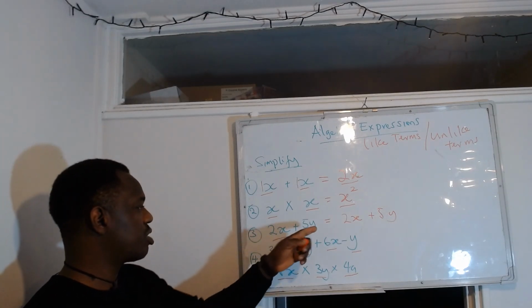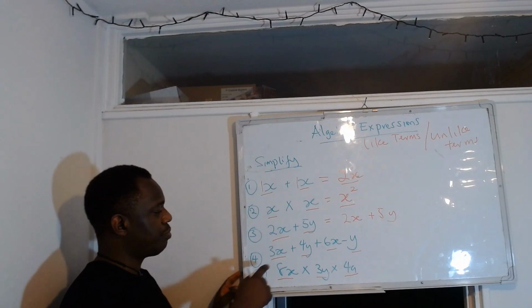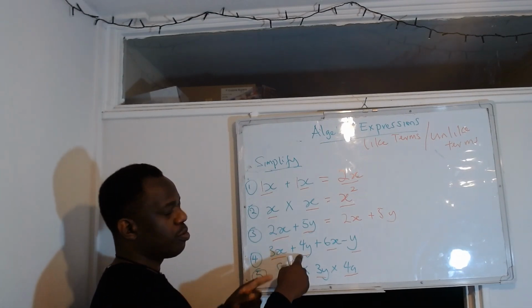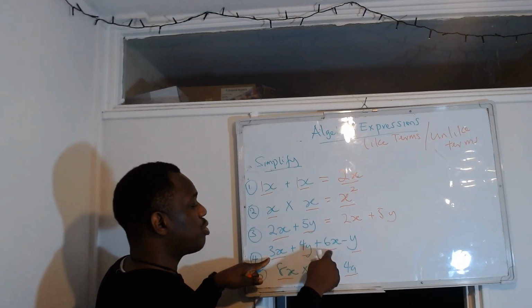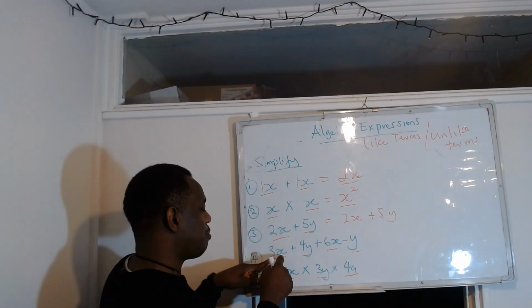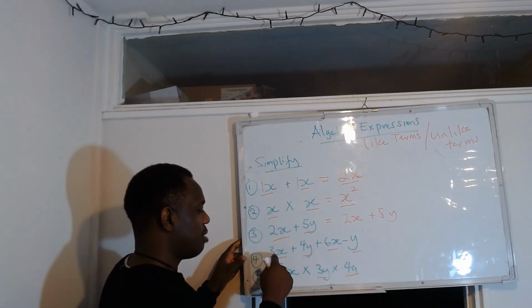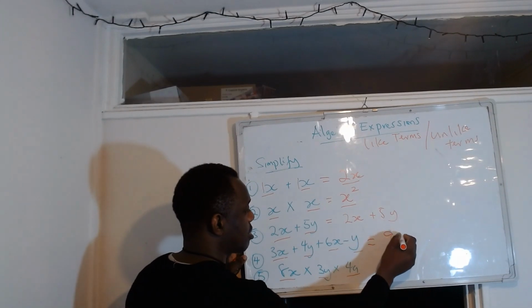Now for this one, we can also apply this rule. We've got 3x plus 4y, and we can't do anything with that. However, I've got 3x plus 4y plus 6x. So we can bring this 6x to this 3x and add them. 3x plus 6x gives us 9x.